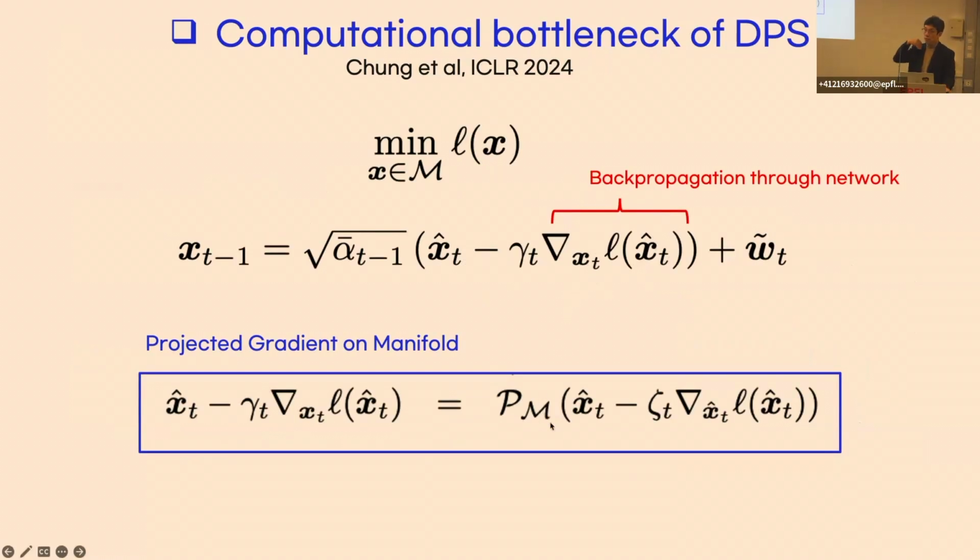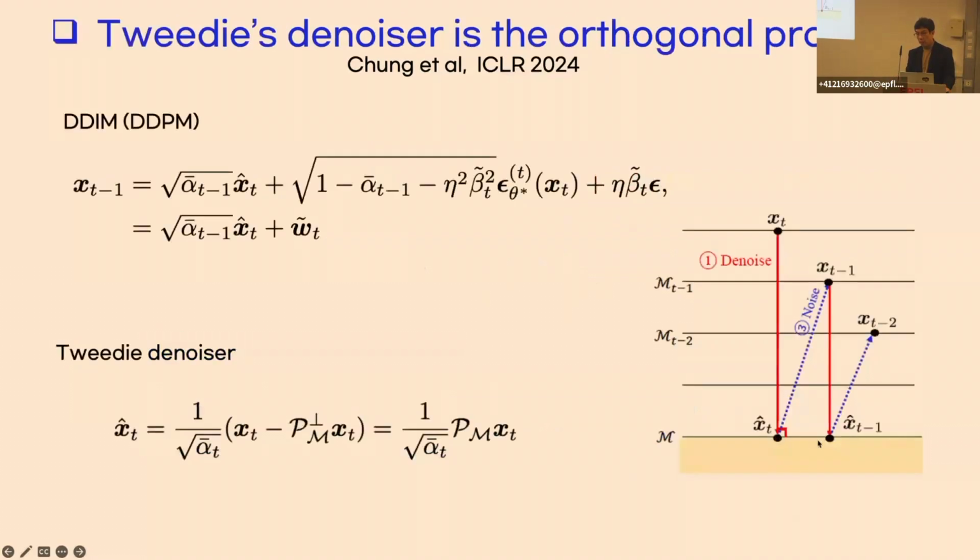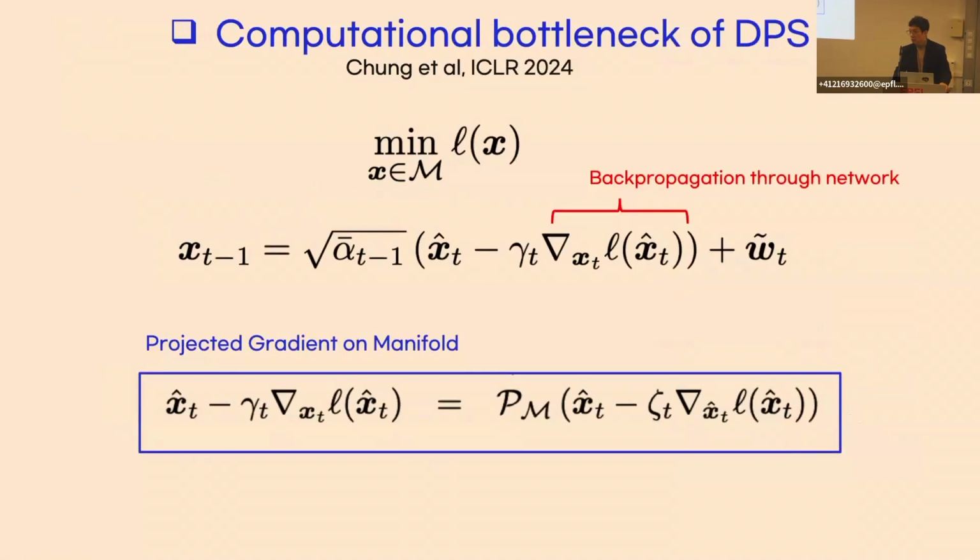That means you are doing the manifold projection first, and then on this manifold, you are calculating a one-step gradient. This is equivalent. This gives you some ideas on how to accelerate this kind of optimization process.